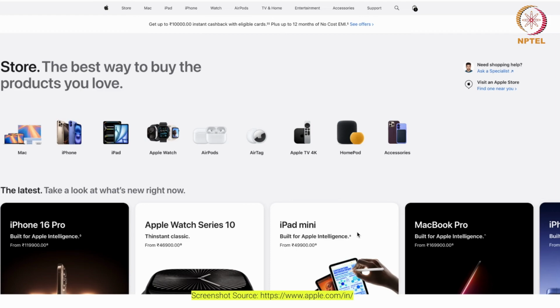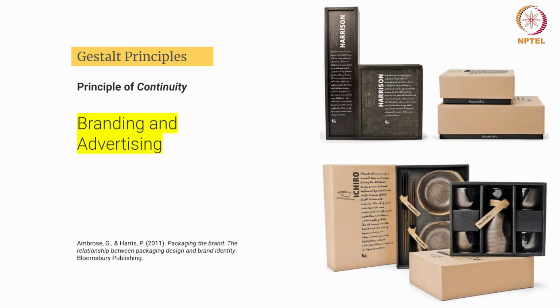Yes, so now let's go to the idea of branding and advertisement, how continuity plays an important role in our perception. So this is an interesting brand created by Kenny J. Wang, and it shows a kitchenware store.